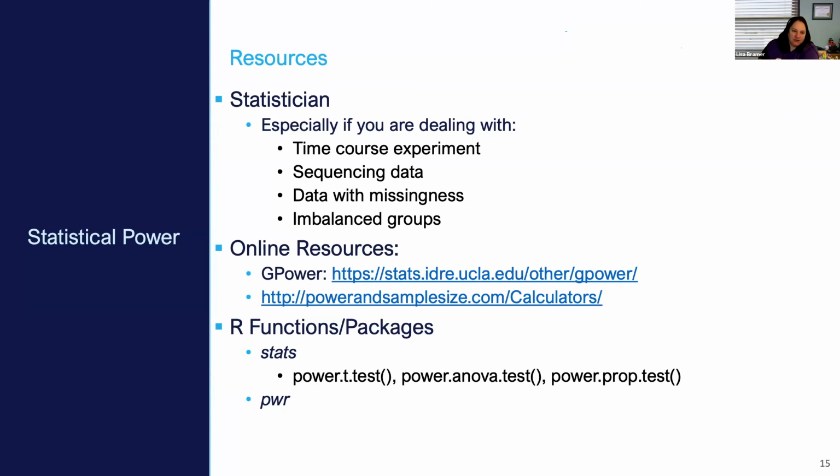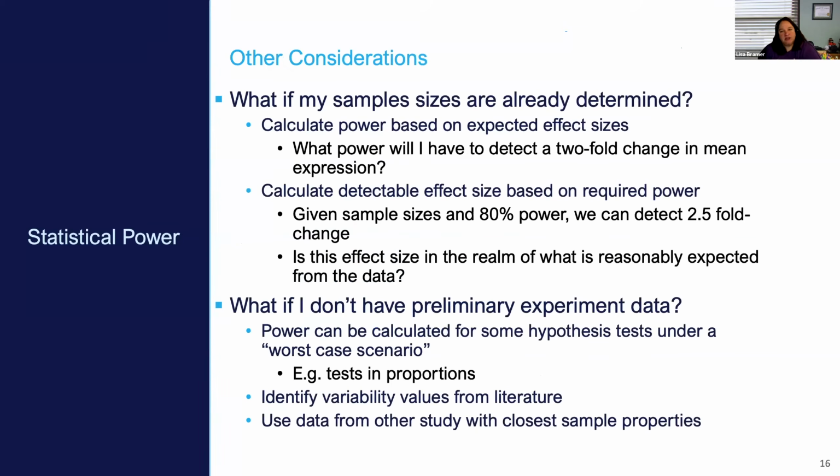And to tie this all up, I just want to give you a few other considerations. You might ask, what if my sample sizes are already determined? We know that that can be true. You may have what you have, or you may have a fixed amount of money, and your samples are what they are. In that case, if you're writing a grant, typically you can calculate the power based on expected effect sizes, and that again could come from preliminary data, or perhaps a publication that you or the scientific community has put out showing what types of effect sizes are seen for a certain type of data.